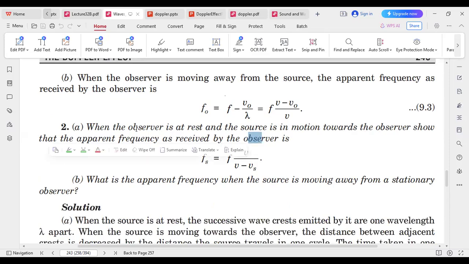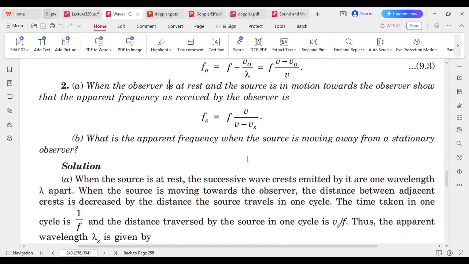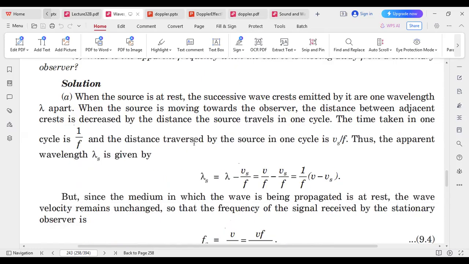Now, when the observer is at rest and the source is in motion towards the observer, show that the apparent frequency will be this. When the source is at rest, the successive wave crests emitted by it are one wavelength lambda apart. When the source is moving towards the observer, the distance between adjacent crests is decreased.